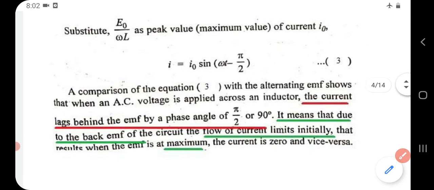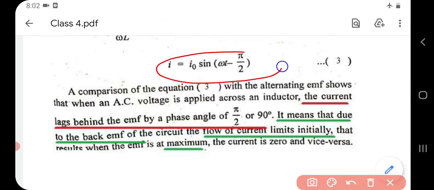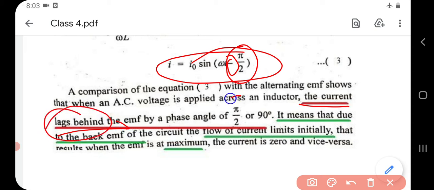From this expression, you can definitely say that in an AC circuit containing only inductance, the current always lags behind EMF by a phase angle of pi by 2.